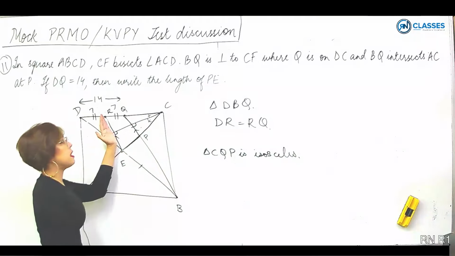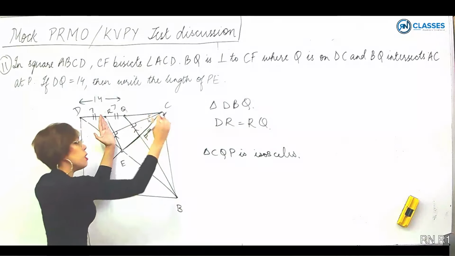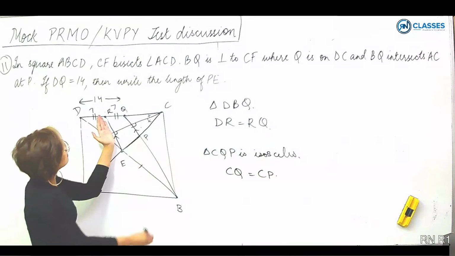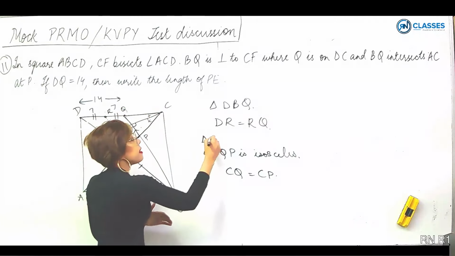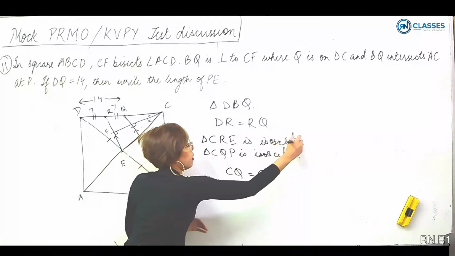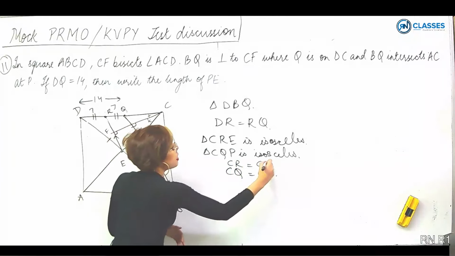I can clearly see it. This is the angle bisector, which is the perpendicular. This side, CQ, has to be equal to CP. Also, if I consider this triangle, CRE, the big one, can I see that triangle CRE is also isosceles? That means CR is equal to CE.